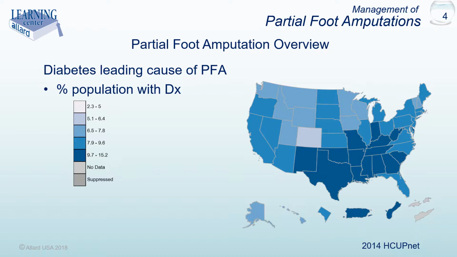More recent data show that over 25% of the U.S. population aged 65 and older have been diagnosed with diabetes. Some data suggest that the incidence of partial foot amputations seems to be increasing, while the incidence of transtibial amputation is proportionately decreasing.